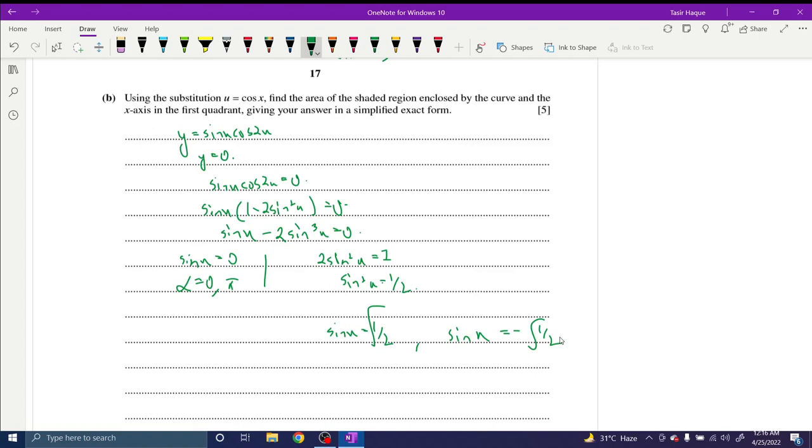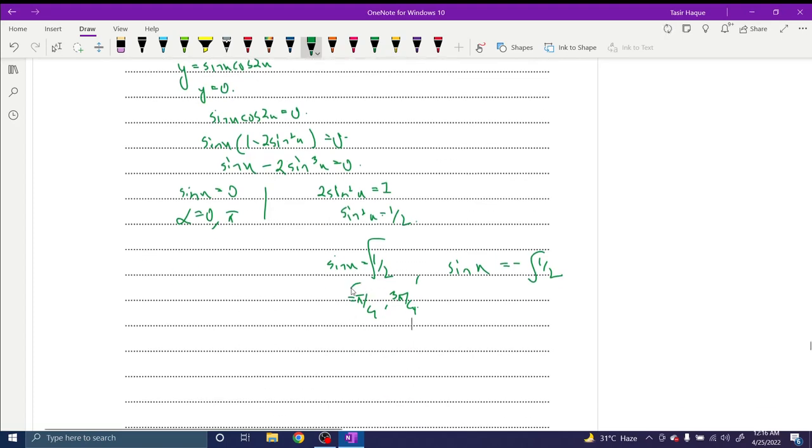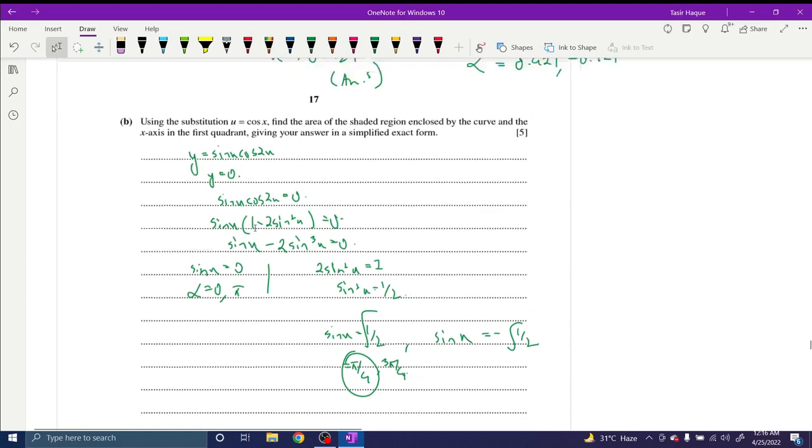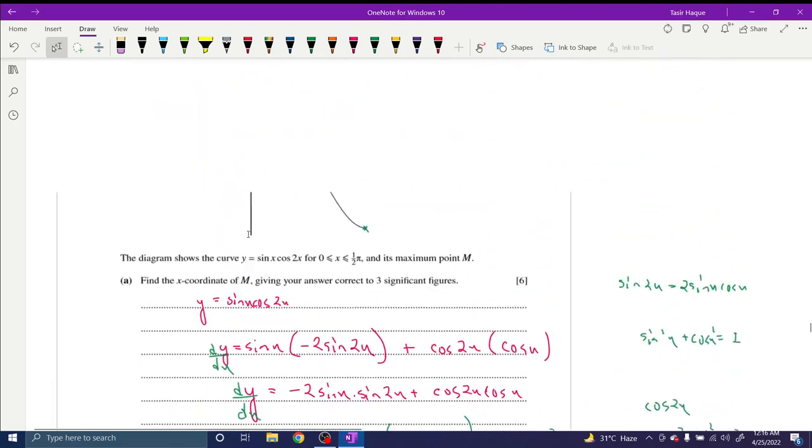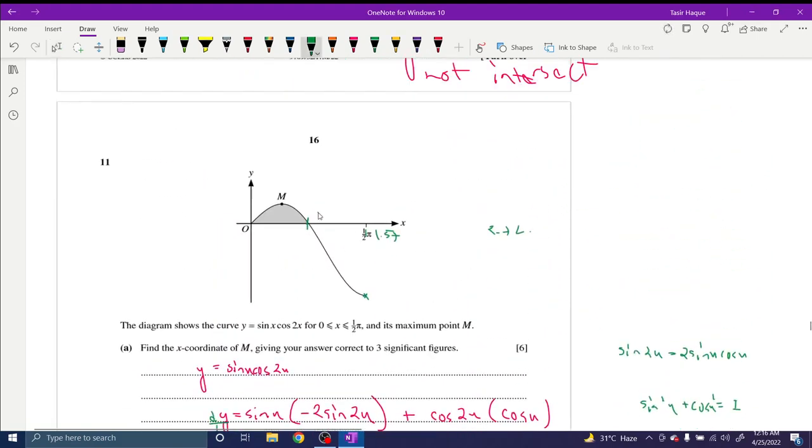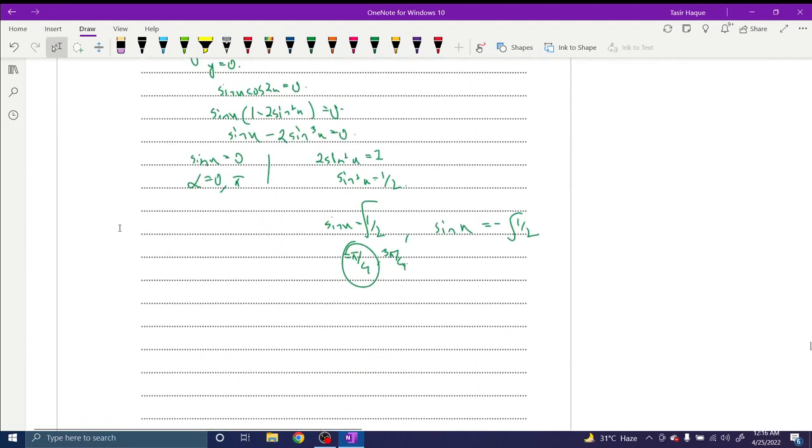So we're getting a value of pi by 4 and 3 pi by 4. Typically, it's the first answer, and it's not going to be the negative one, obviously. So our limit is pi by 4. Clearly, it looks like this from the graph. So the limits are 0 and pi by 4. We need to know that.